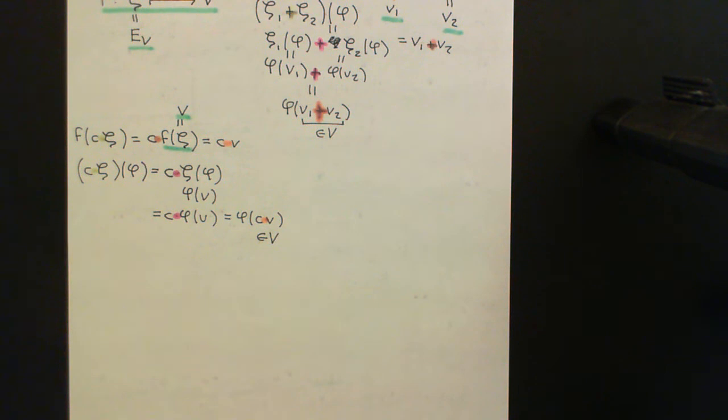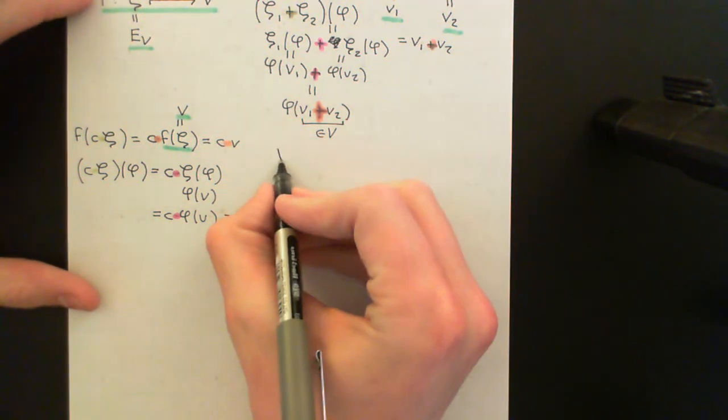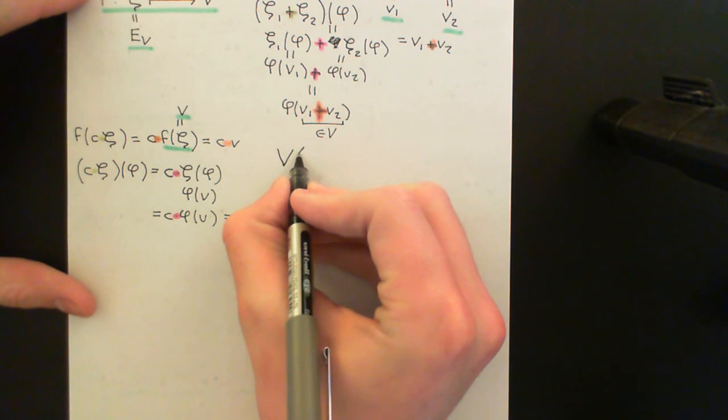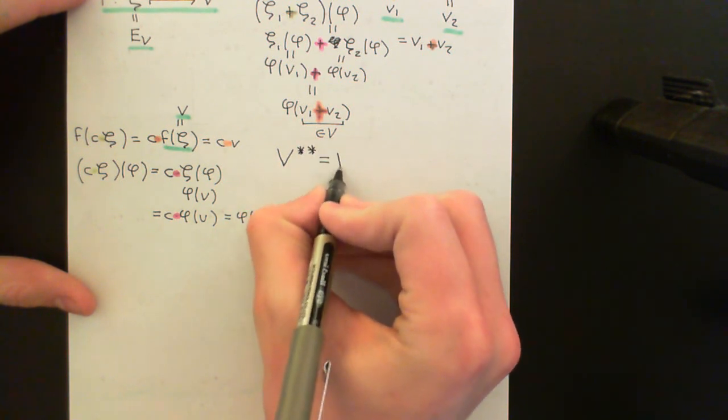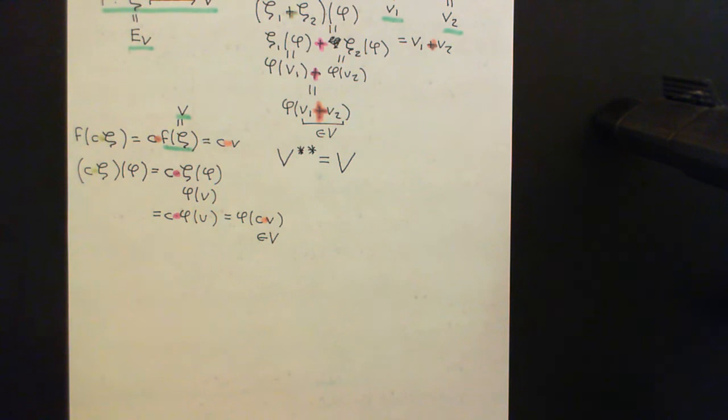So, because there is this beautiful, incredibly natural isomorphism, we will now just think of the double dual vector space as being equal to the initial vector space, and we will think of the elements of the initial vector space as representing these linear maps of the dual vector space onto the field capital F.